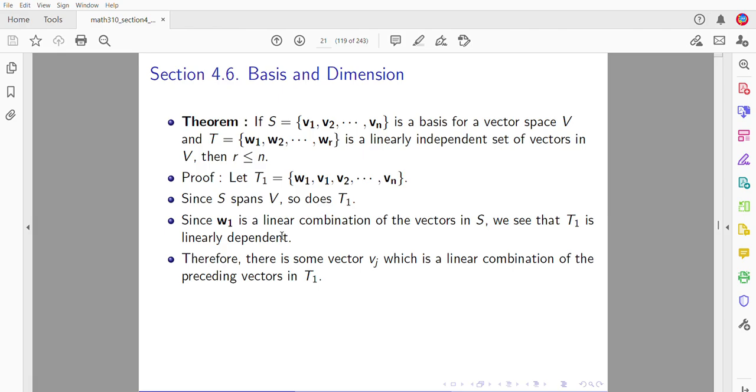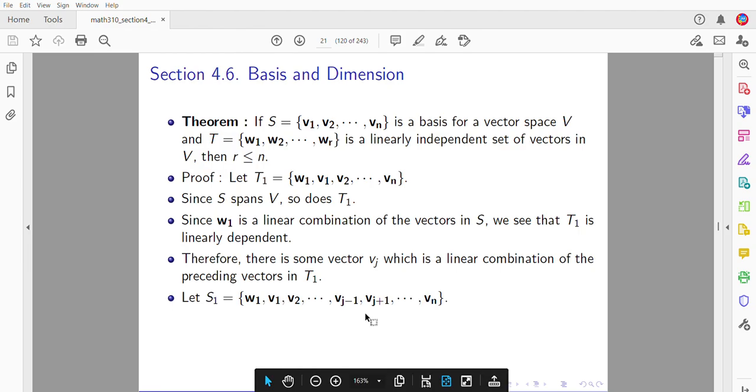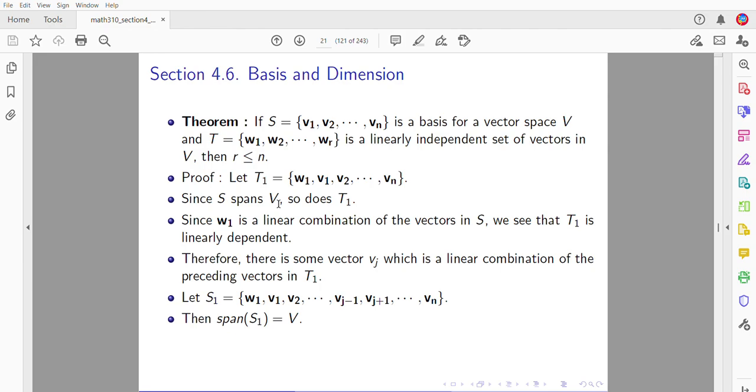Therefore, there must be some vector, starting from the second position, that is a linear combination of the previous vectors. So there is a vector Vj which is a linear combination of the preceding vectors of T. Moreover, you can drop it. If you drop it, you get a new set which also spans V. Okay, span of S1 is also V.